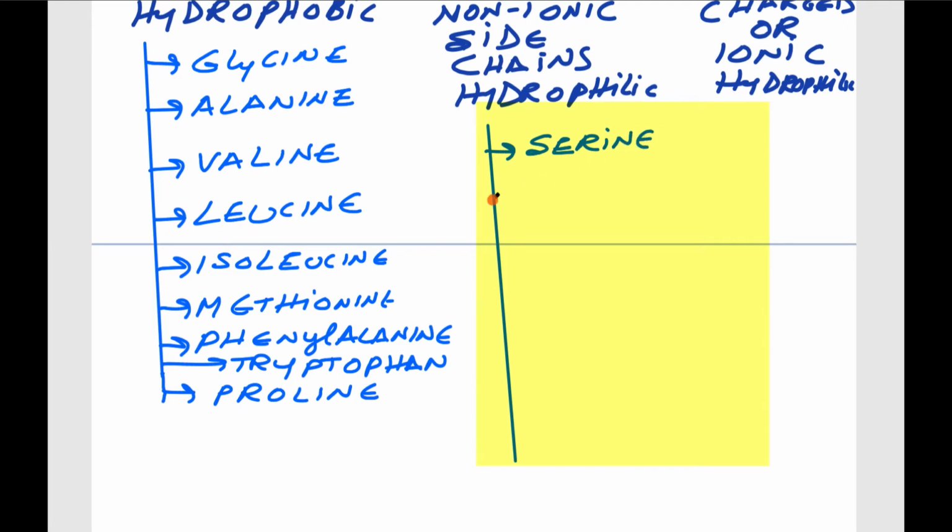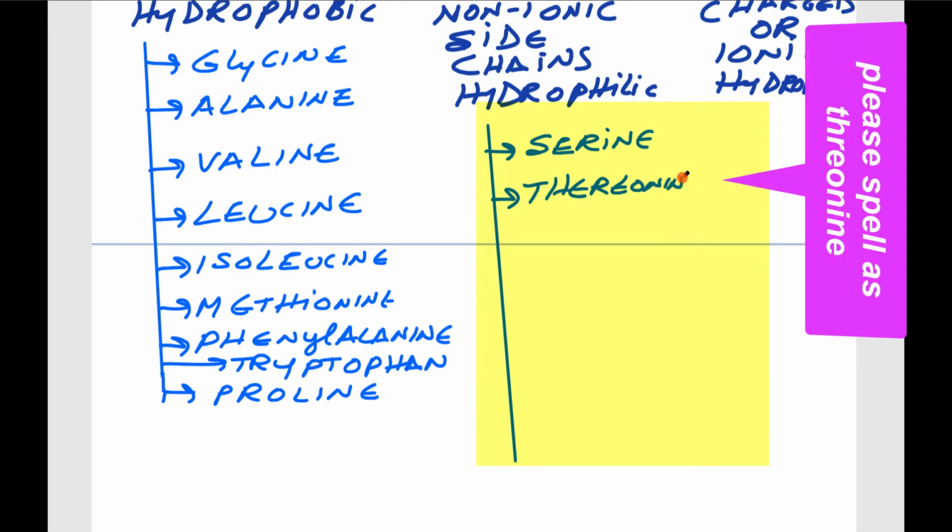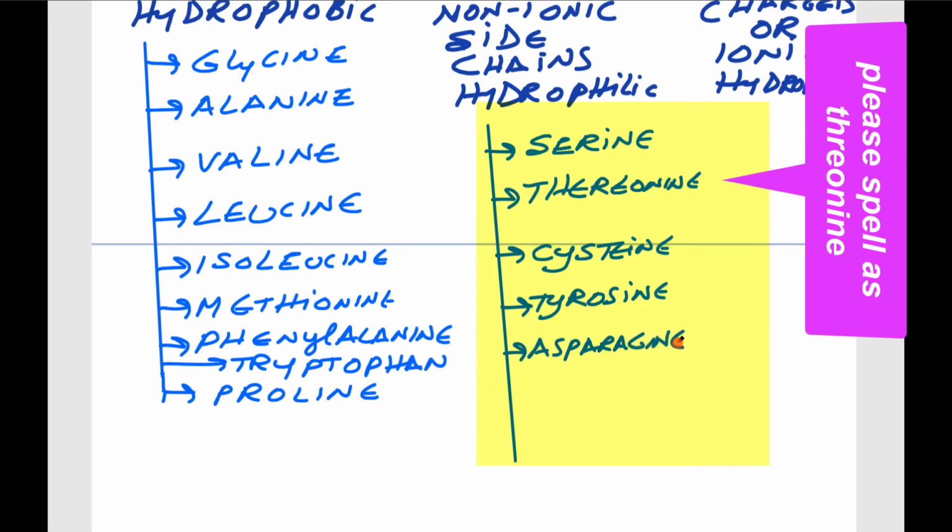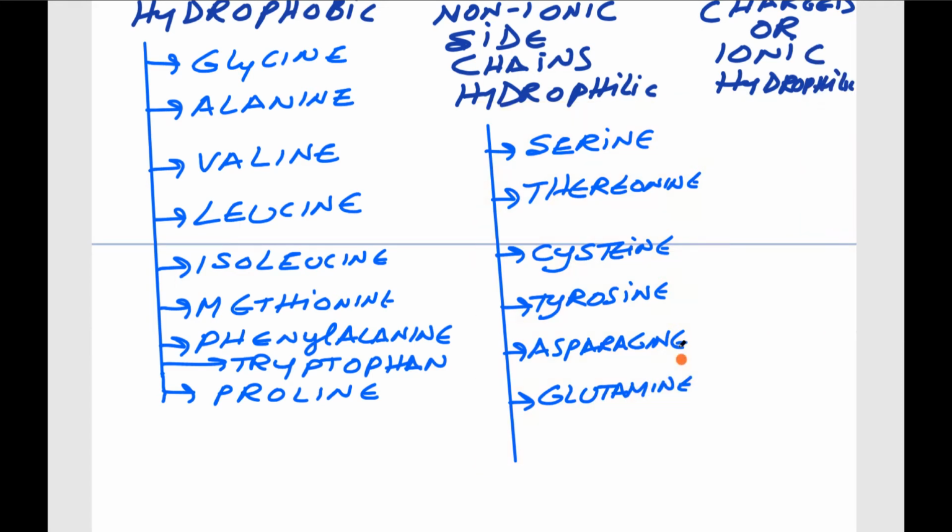Serine, hydroxy amino acid serine, threonine, then cysteine, sulfur containing amino acid, tyrosine, that is aromatic amino acid, then asparagine, that is amide, and also glutamine. So they do not have ionic side chains, but they are hydrophilic.